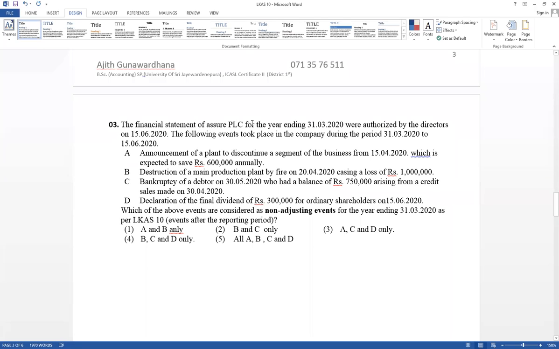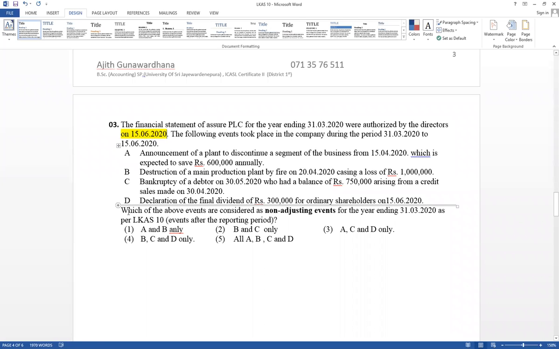It has been given that the business financial statements for the year 31st March 20 were authorized by the director. Think about the time period, 15 June 2020. The following events took place in the company during the period 31st March 20 to 15 June 2020. You have to consider up to the date signed by the director.